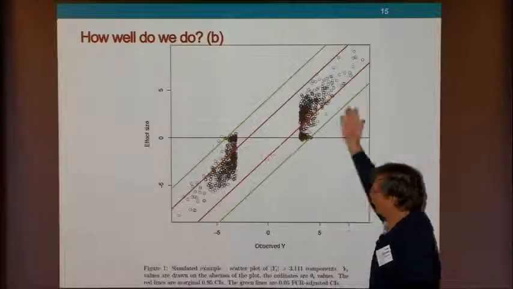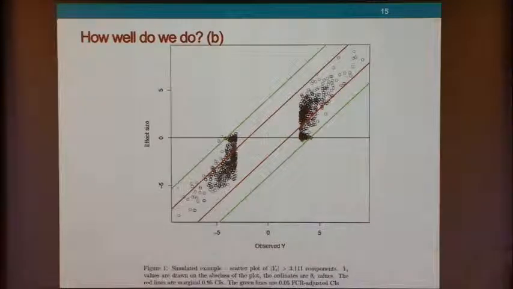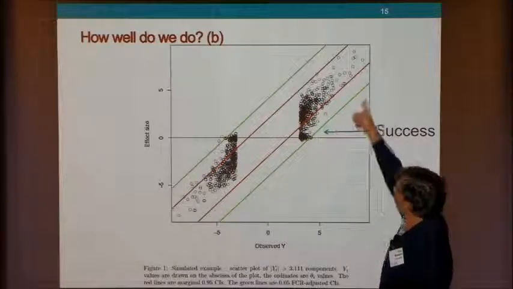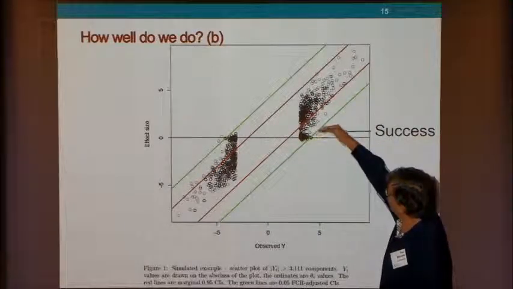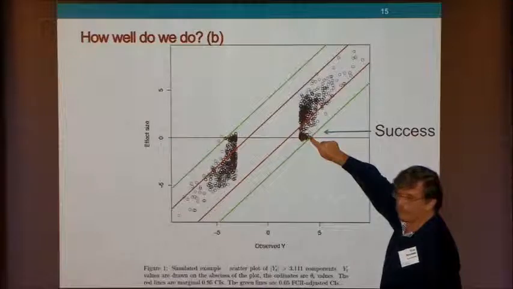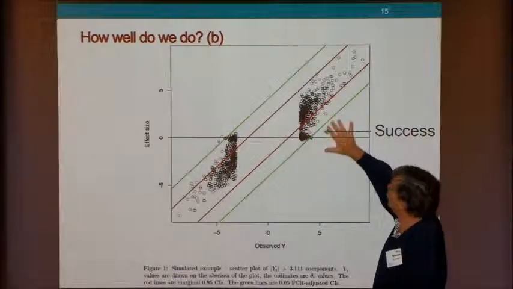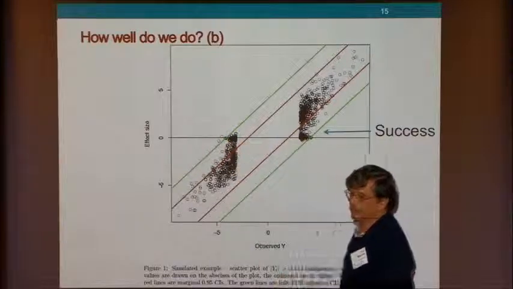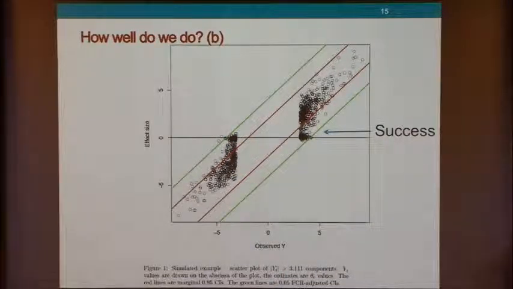The red ones are the unadjusted, and many observations fall outside of it. And if we look at the green one, which is the FCR adjusted, well, we're doing quite well here. There are a few here that come out. So on the average over the selected, we're doing very nice in this situation.